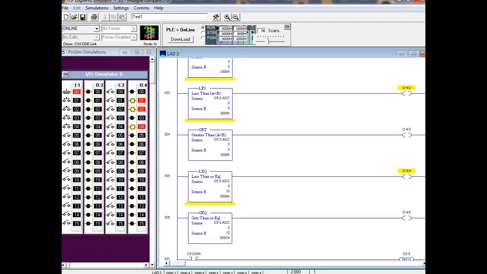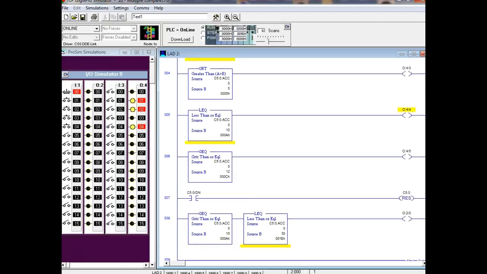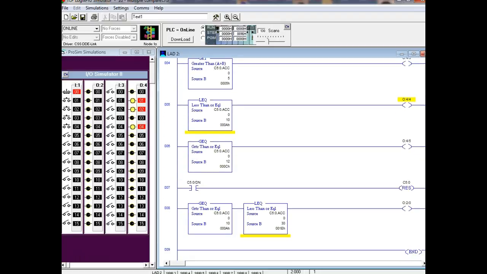Is it greater than 12? Is it greater than 10 and less than 30? It's not greater than 10, right? So we've got these hooked in an AND, so both of these have to be true.